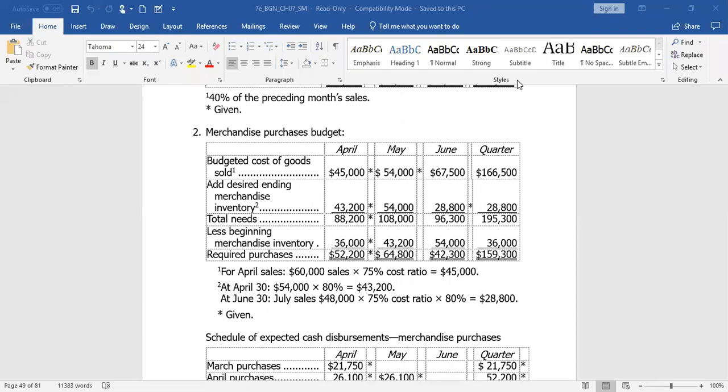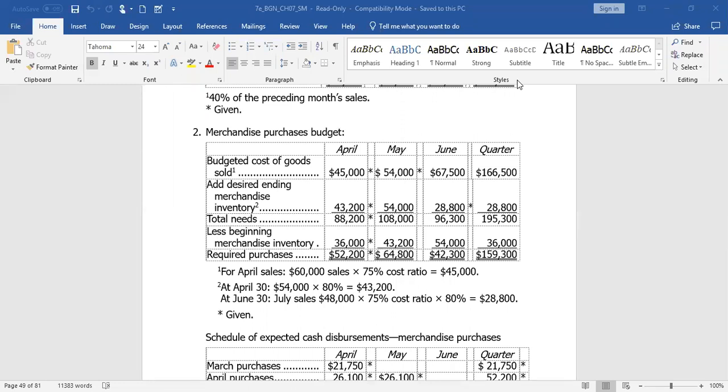The first thing we want to determine is our budgeted cost of goods sold for each month. Remember, sales minus cost of goods sold equals gross margin, or profit. Sales are a 100% number minus your percentage of cost of goods sold, which gives you your percentage of gross margin.